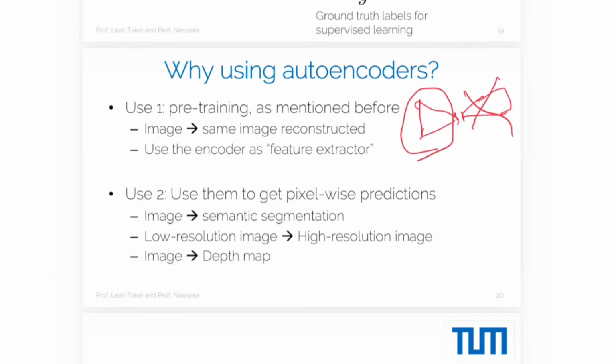We could have other types of applications also, where we are not going from same image to same image. When you are going from same image to same image, that is called autoencoder setup, because auto means same to same. But this setup can be used for other types of tasks also, like semantic segmentation, low to high resolution, image to depth map.